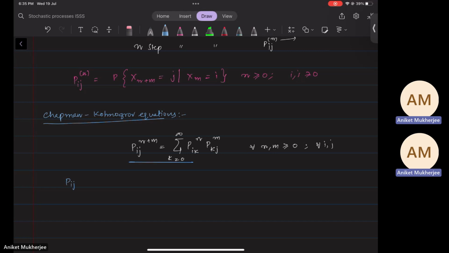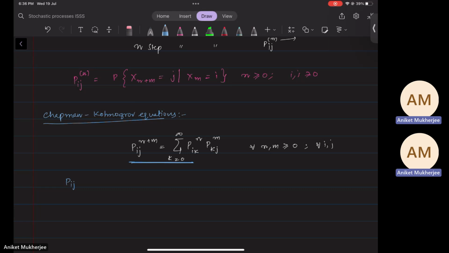This is the Chapman-Kolmogorov equation, which says that the transition probability of going from i to j in n plus m steps is basically the summation of going from i to k in n steps and k to j in m steps. You need to calculate the probabilities for all the states that k can take.